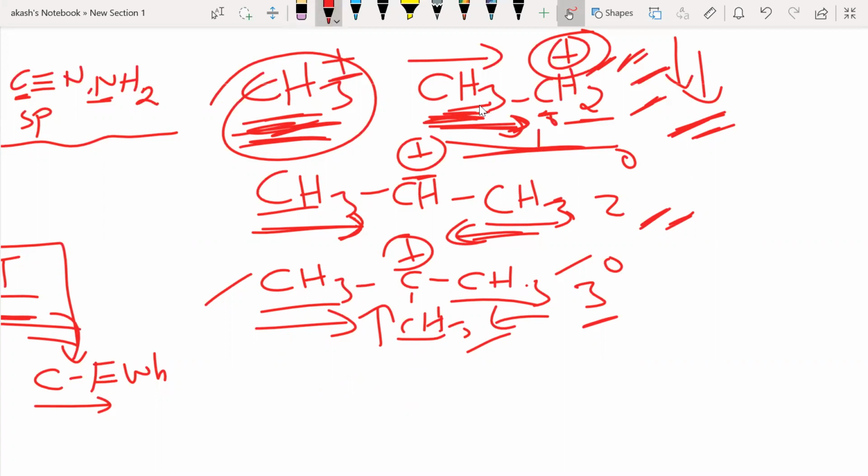Wherever I had the least amount of positive charge, that is tertiary, that is the most stable carbocation among these four. Then comes secondary, then primary, and then methyl carbocations.